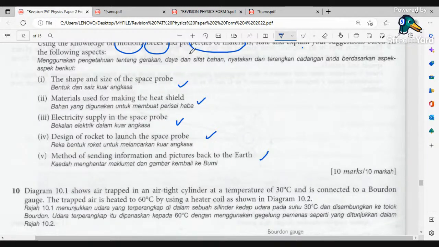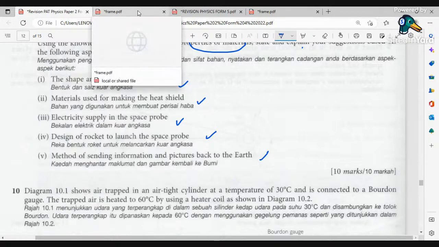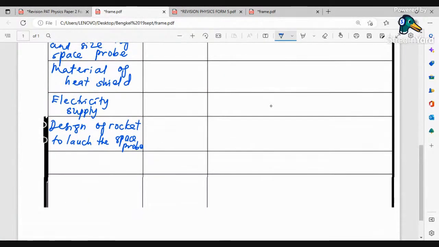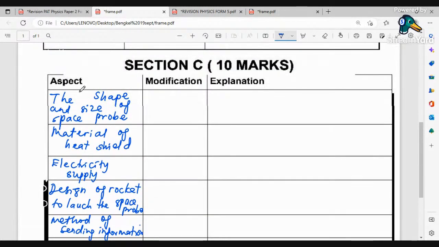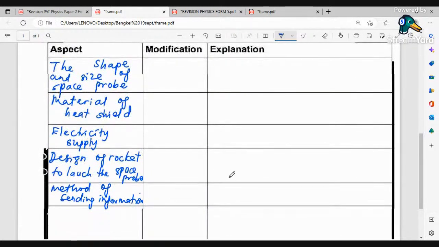Okay, information back to Earth. Information. Okay. Okay, so we have 1, 2, 3, 4, 5 already. So if you have more, you can write more.